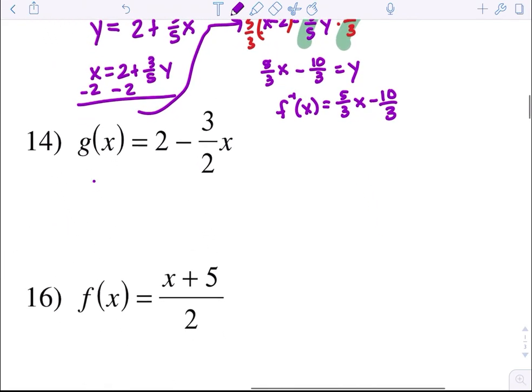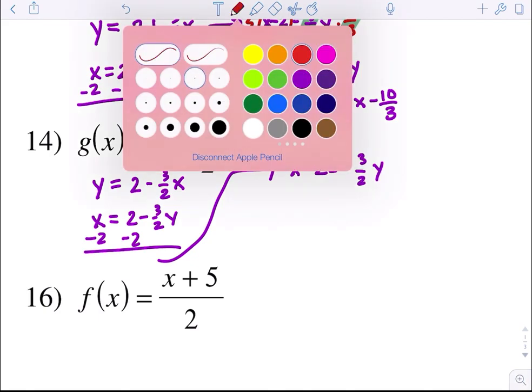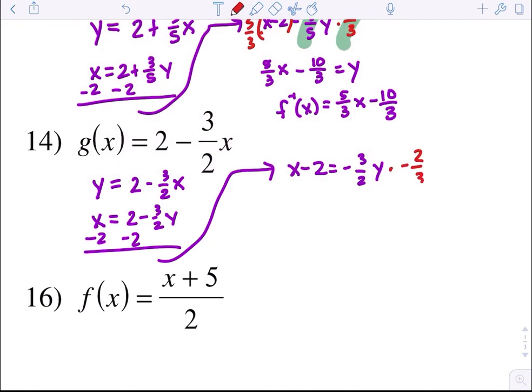14, change this to be y. Switch your variables, so that's an x, and this is going to be a y. And now solve for y. Subtract 2 from both sides. X minus 2 is equal to -3 halves y. Multiply both sides by the reciprocal.